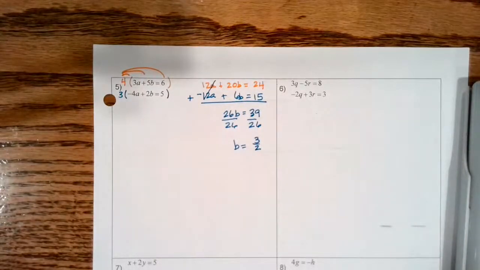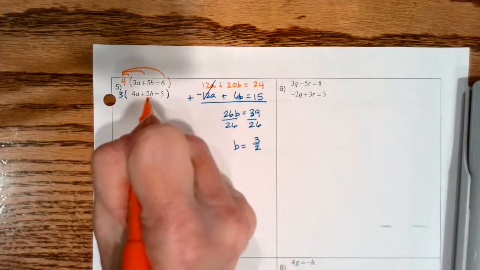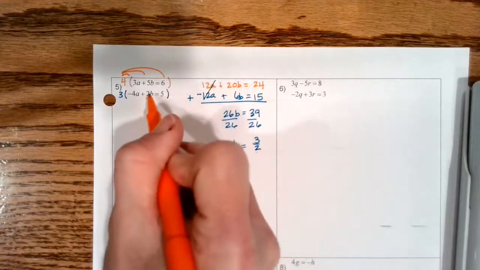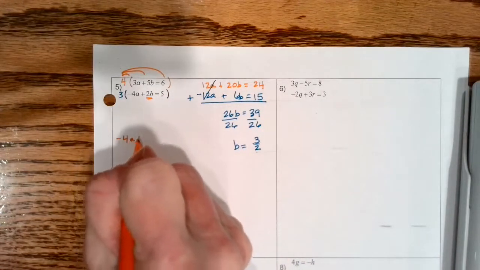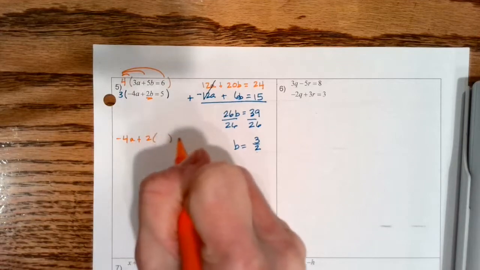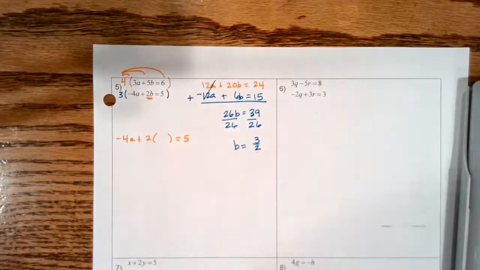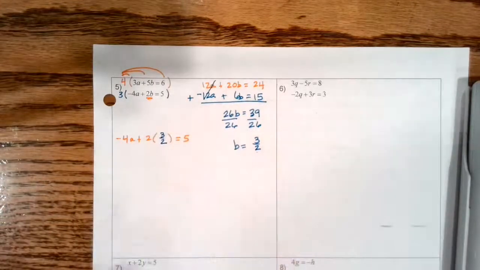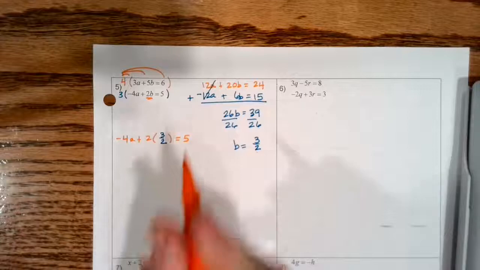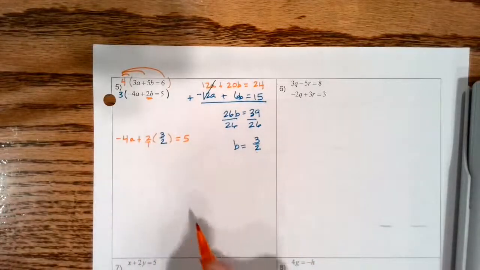Alright, so I'm going to take that and substitute that back into my equation. I'm choosing this equation because this denominator and that coefficient are going to make things work out nicely for me. I'll write my equation. I'll put my value in. For b, I can go ahead and write that over 1.